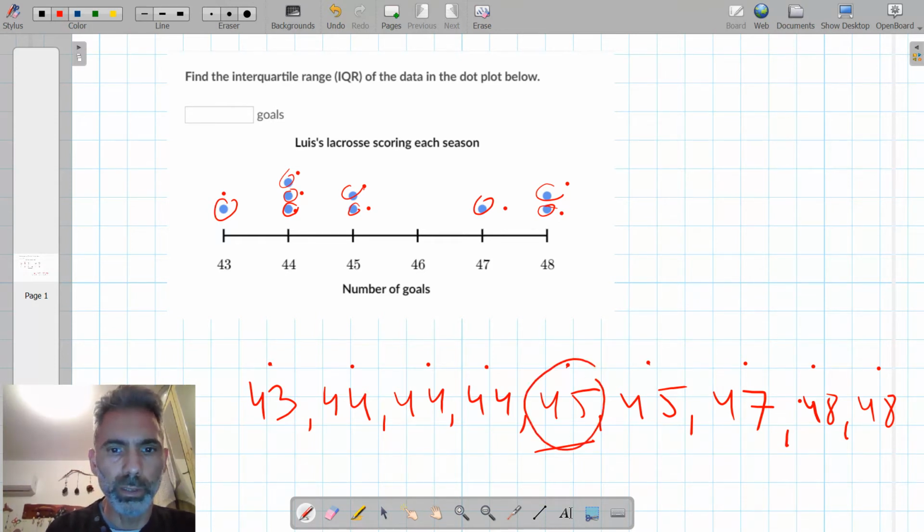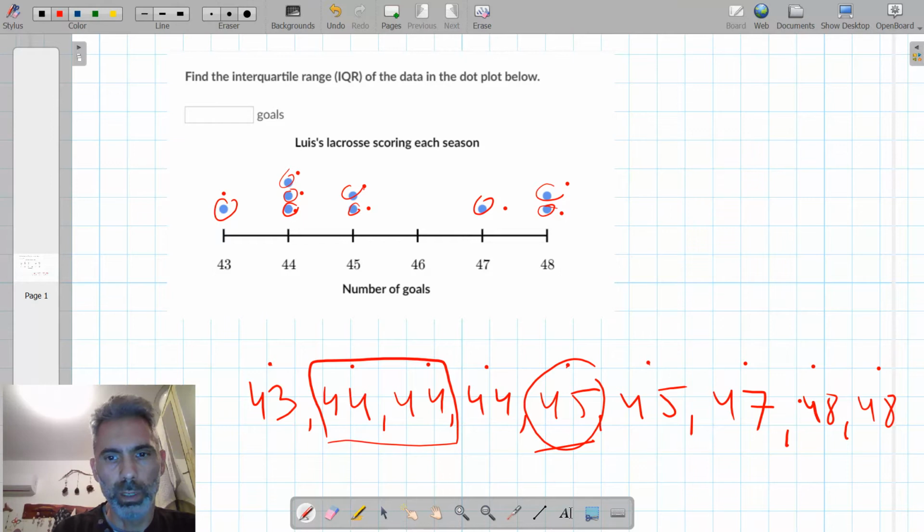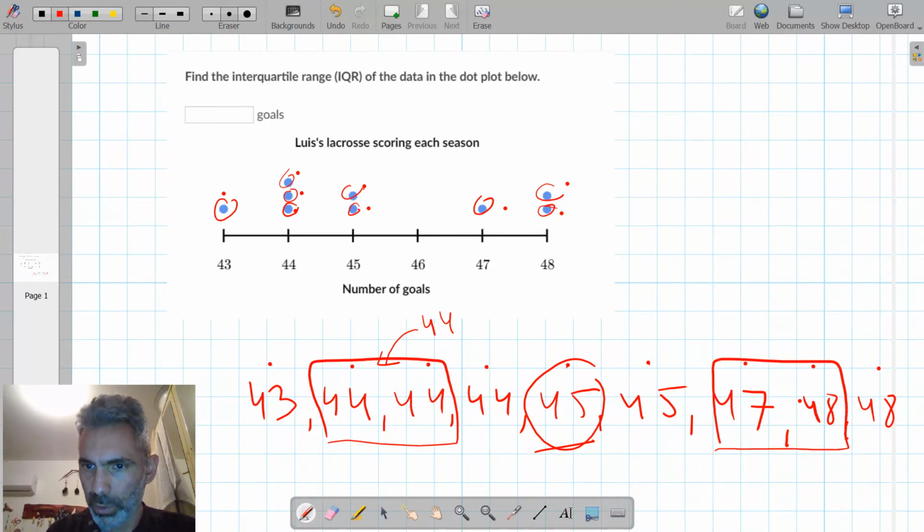So this is the median, and the median of the lower half of the data set is the mean of these 2 data points, because we have an even number of data points on the left half of the data set. So the mean of 44 and 44 is 44, and the median of the right hand side of the data set is the mean of these 2 data points.